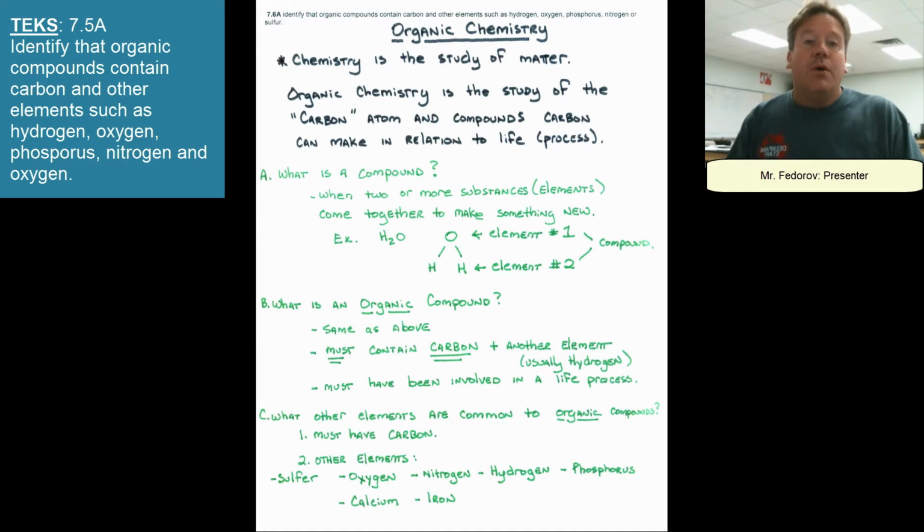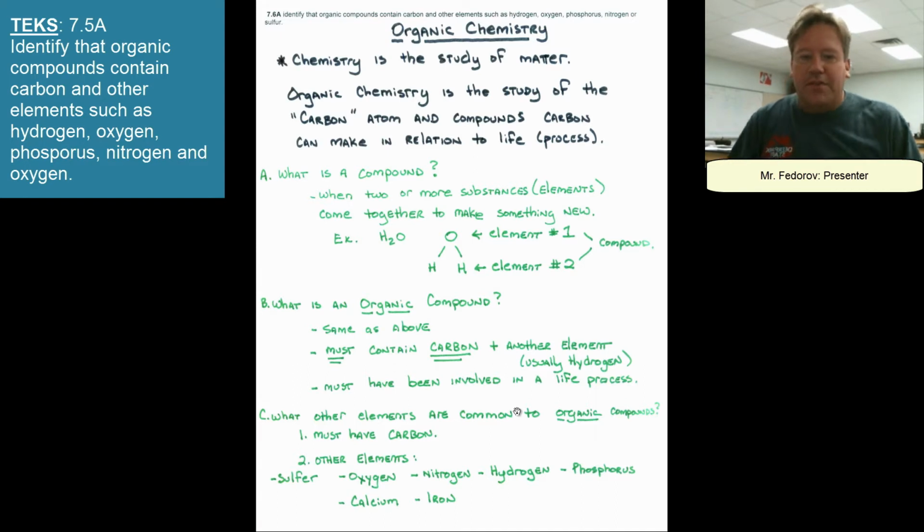For the most part, whether it had decayed from life or had at some point gone through the life cycle, so to speak. So when we're talking about an organic compound, I really just want you, for our purposes, to focus on one element, and that's the carbon atom. If the carbon atom is present, most likely it's going to be an organic compound. So that is what organic compounds are.